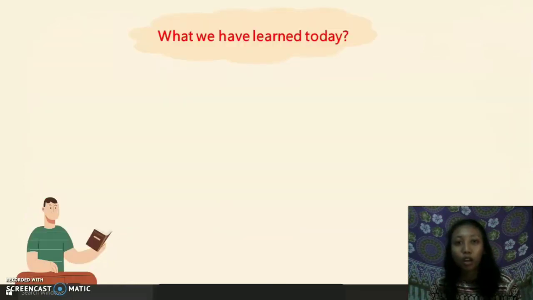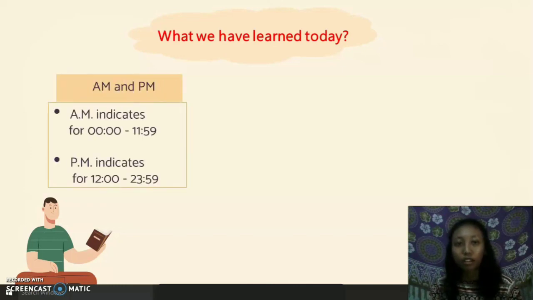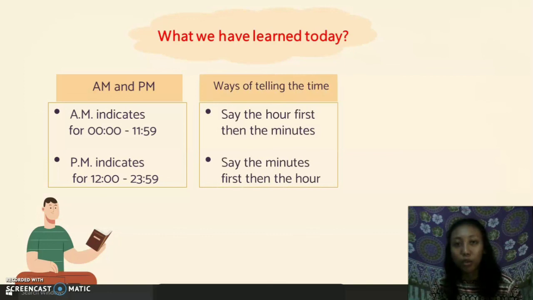So, I want to ask you what we have learned today. Yes, first, the use of AM and PM. AM indicates 12 o'clock at midnight until 11:59 in the morning, and PM indicates 12 o'clock at noon until 23:59 at night. And we also learned ways of telling the time.